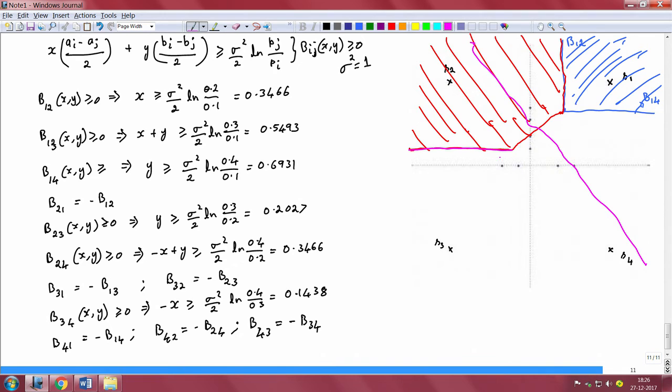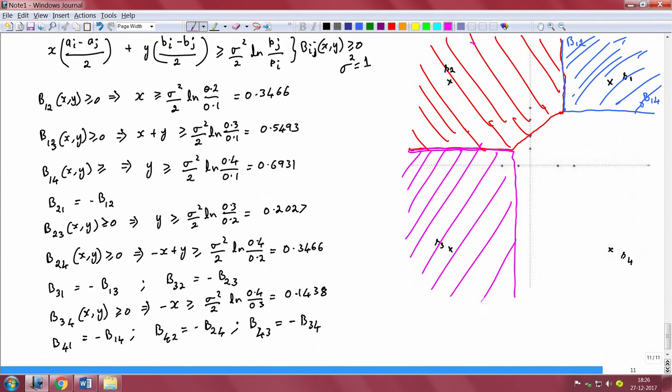So, it is minus x greater than or equal to 0.1438. It is going to look like this. Now the intersection of all these regions is essentially this. Let me remove the unnecessary boundaries that we saw. So, this is the decision region for S3. And the remaining space is the decision region for S4.